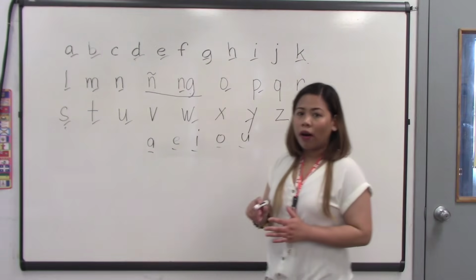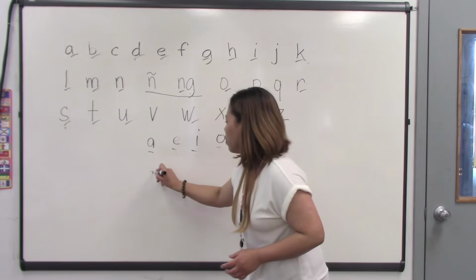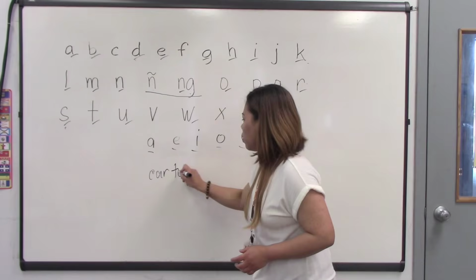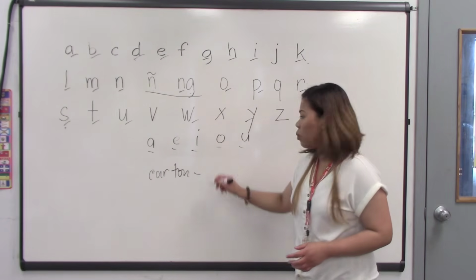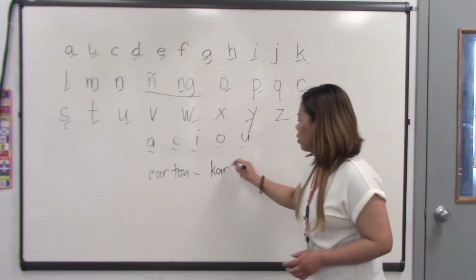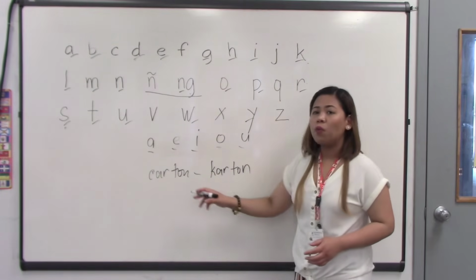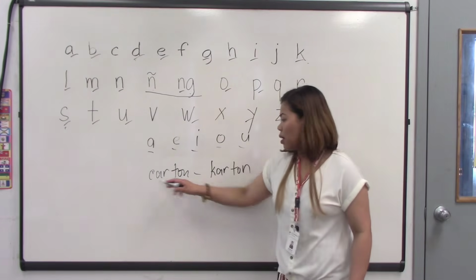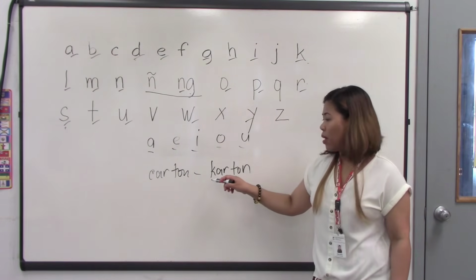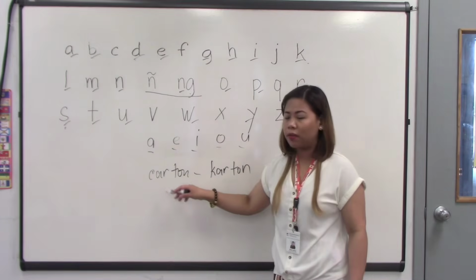For the word carton, this is an English word, but we have an equivalent for that, which is karton. So for the hard C sound, we don't use C, but we use K. So it'll become karton, not carton.